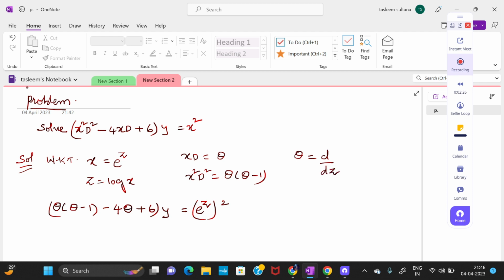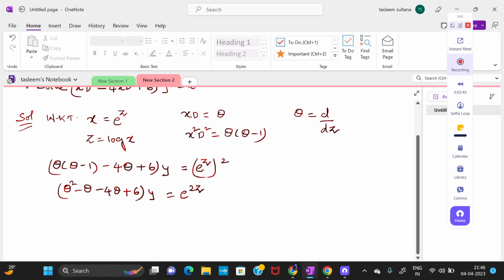Now multiplying, theta square minus theta minus 4 theta plus 6 of y equals e to the power of 2z. Now theta minus 4 theta will become 5 theta: theta square minus 5 theta plus 6 of y equals e to the power of 2z.